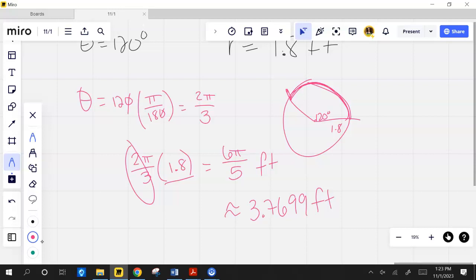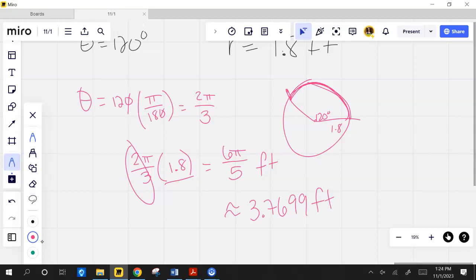And then divide by 3. Leave the pi alone. We'll worry about it at the end. Yep, enter. Times 1.8.